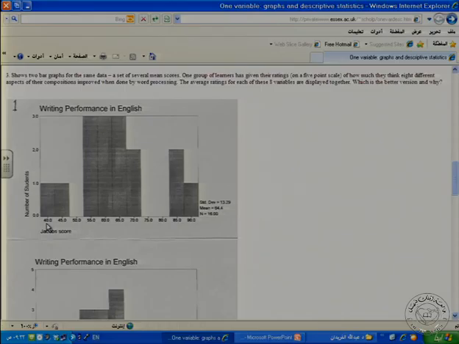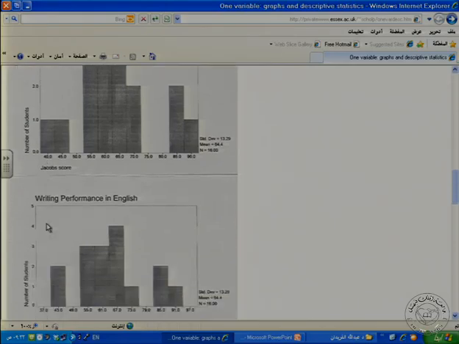So think about if you do a real research involving a lot of data. Just from one exam, you got this graph showing you a lot about your students.